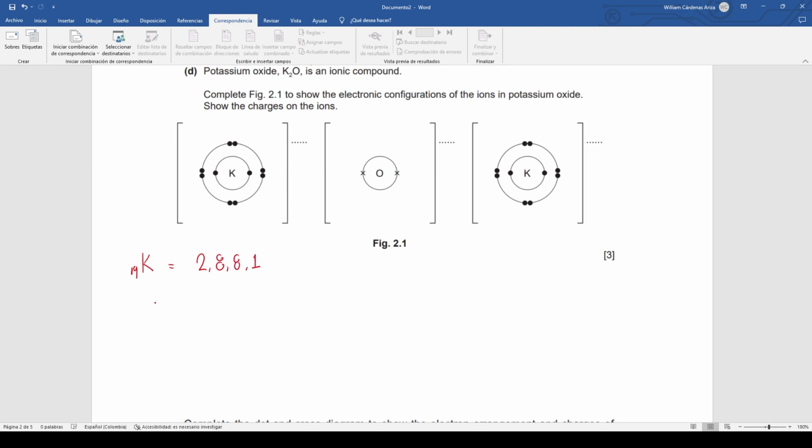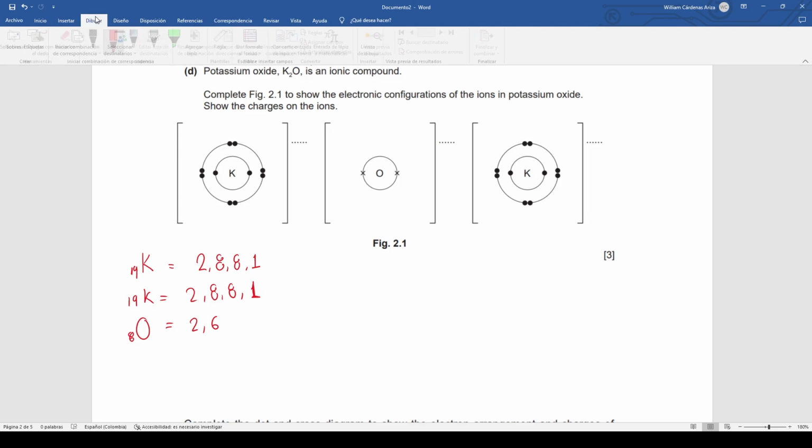And we have oxygen here. Oxygen is 8. So oxygen is going to be 2, 6. And we have another potassium that will be 2, 8, 8, 1. So this is before the ionization.